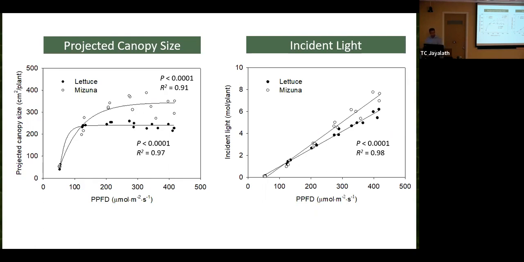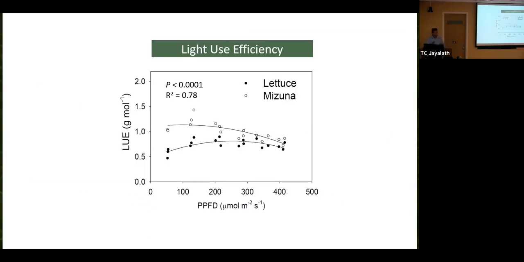The incident light of Mizuna is higher compared to lettuce when the PPFD is above 125, and that is one reason we saw faster growth in Mizuna. The second reason is higher light use efficiency. Light use efficiency here is the amount of dry matter produced per mole of light provided.